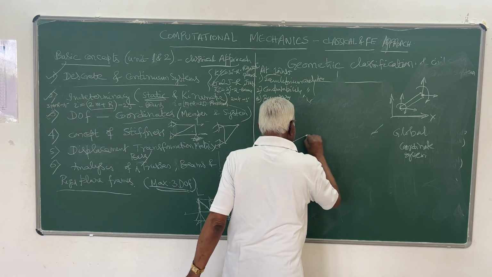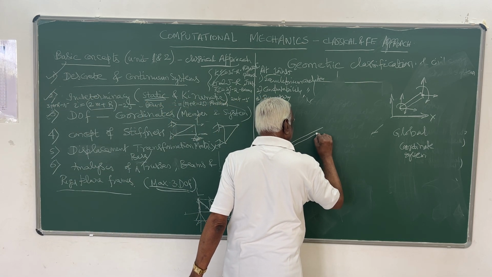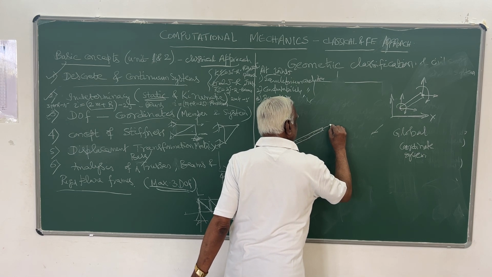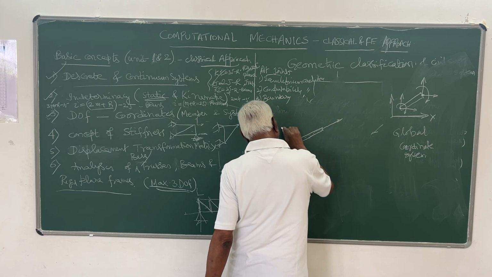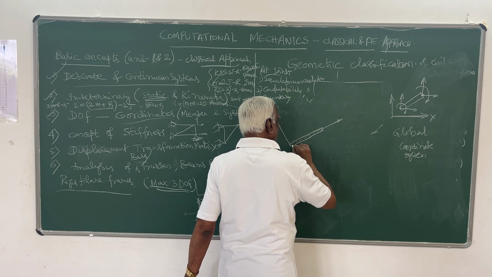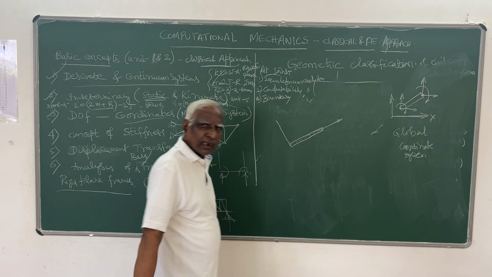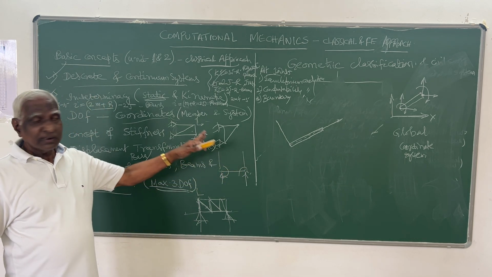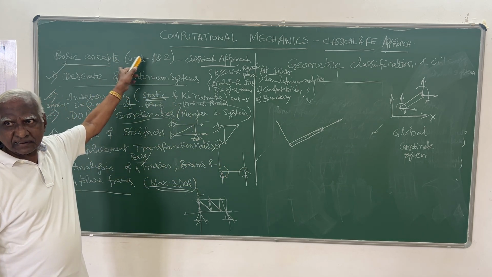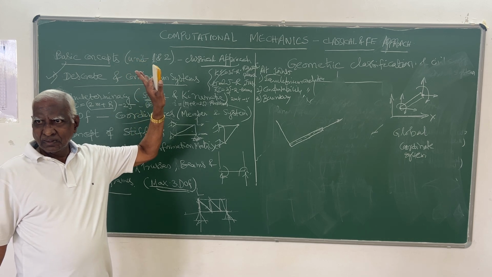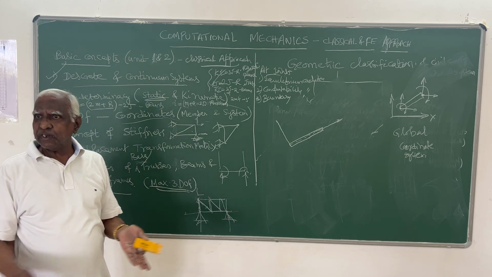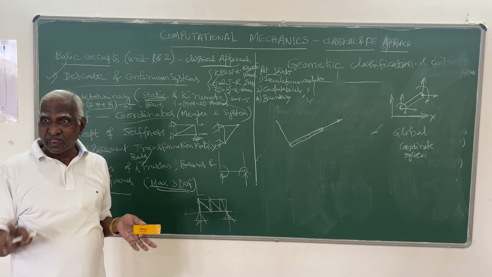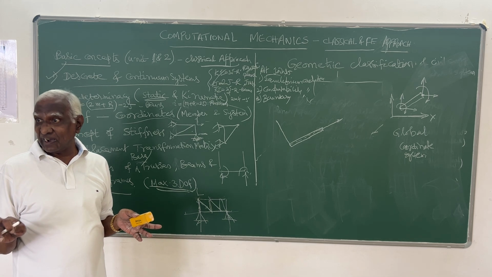Then there is another system of coordinates, wherein one of the axes is chosen as the centroidal longitudinal axis of the member. This I am talking about with respect to a discrete structure. If it is a continuum structure, the centroidal horizontal axis we have to take, always the centroidal axis.